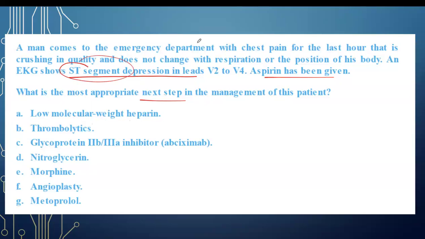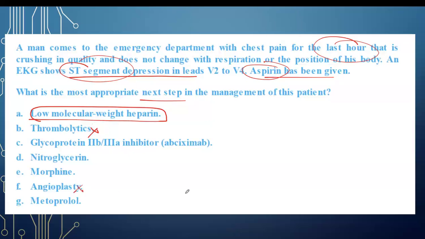We still don't know because troponin will not give us any information here, since it's just been 1 hour. So what would you do? For such a patient, best management is low molecular weight heparin after aspirin. For them, thrombolytics and angioplasty have no benefit.